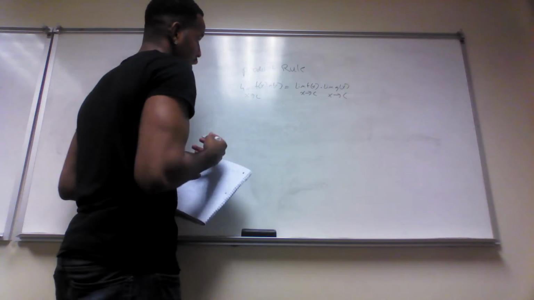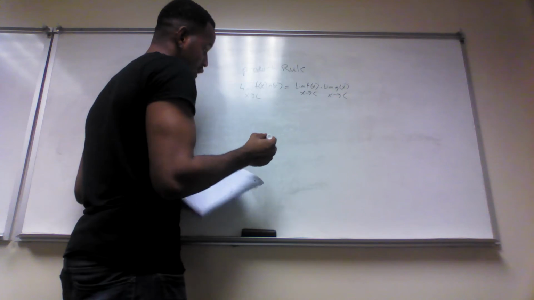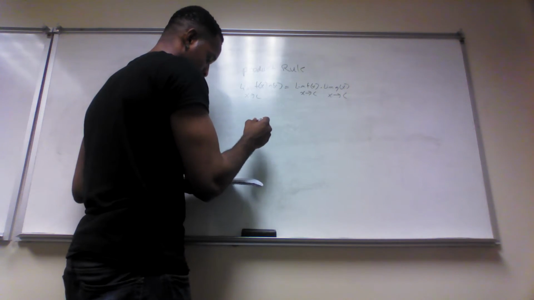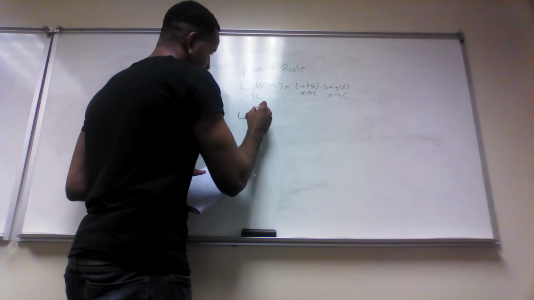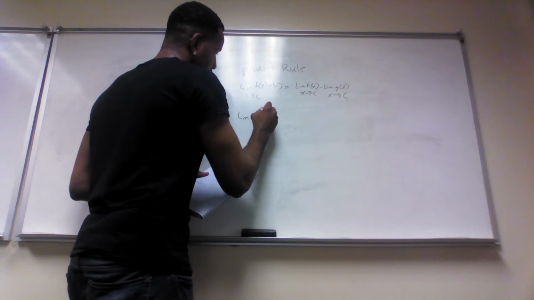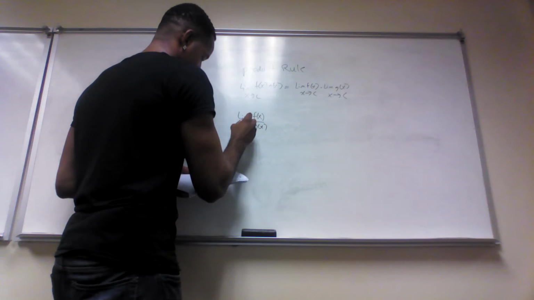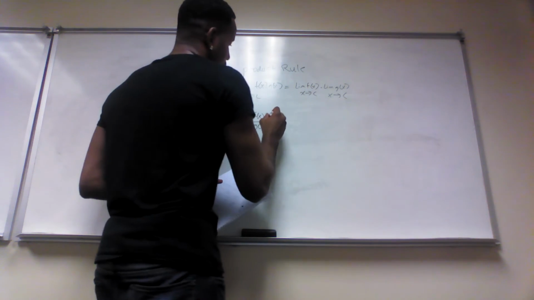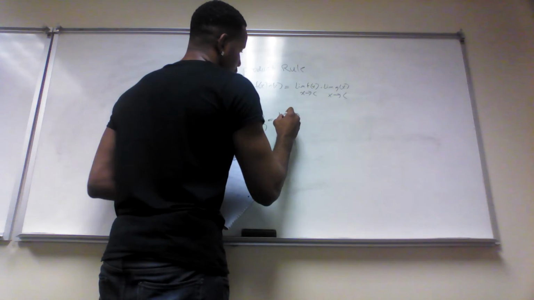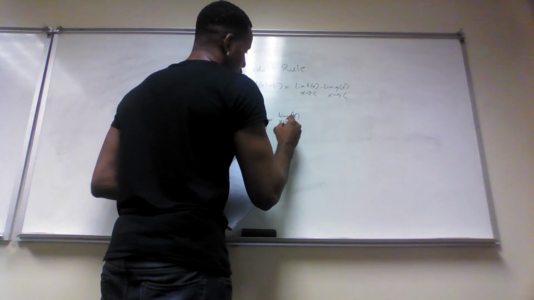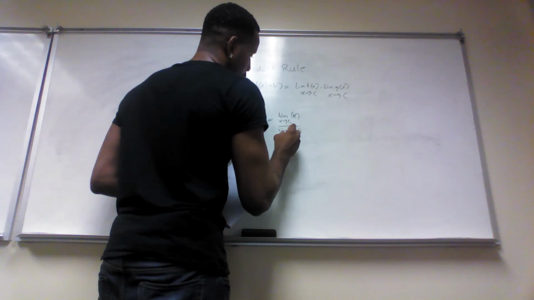And that's the product rule. We have another rule, which is the quotient rule, which states that the limit of f of x over g of x as x approaches c is going to equal the limit of f of x as x approaches c over the limit of g of x as x approaches c.